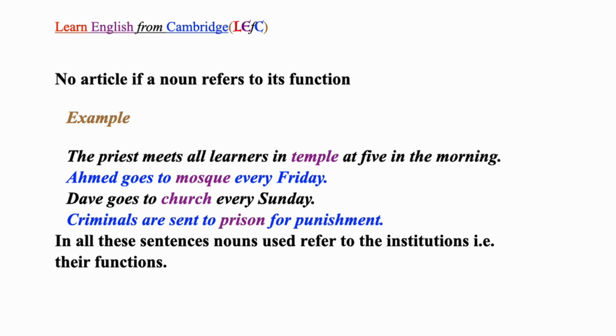In all these sentences, nouns used refer to the institutions, that is, their functions, the system. College, school, university, hospital, temple, mosque, church, prison. So, all these nouns we are using considering their functions.